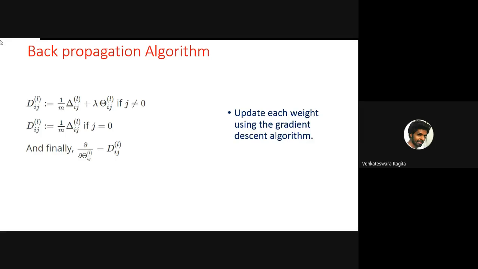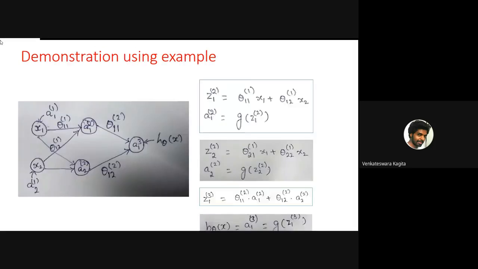There is a procedure, and if you follow that procedure, you can compute the same thing. Now we'll verify whether that is the same or not: whatever we get through the backpropagation algorithm, and whatever we compute directly through the gradient, whether both are the same or not.